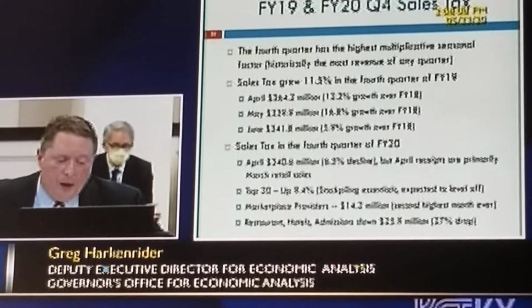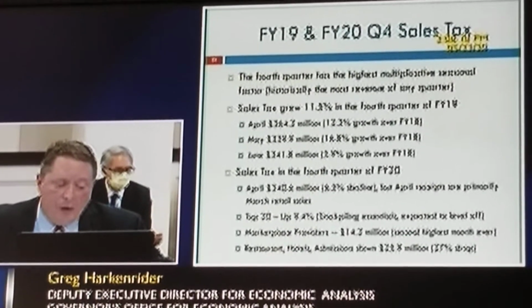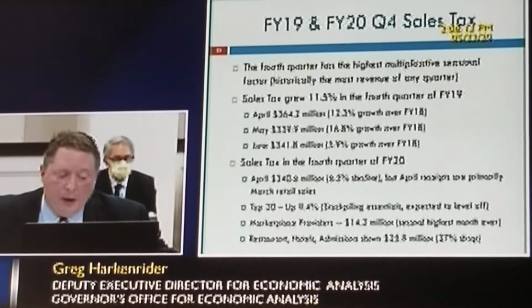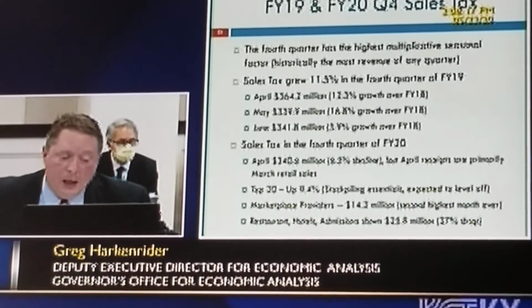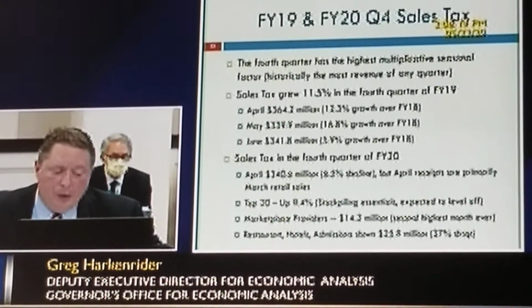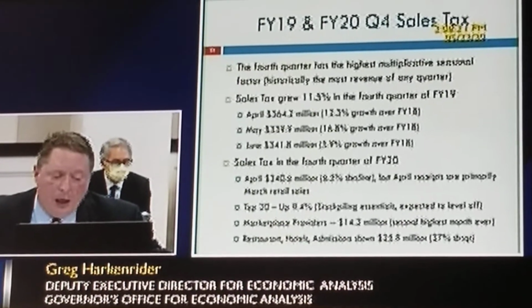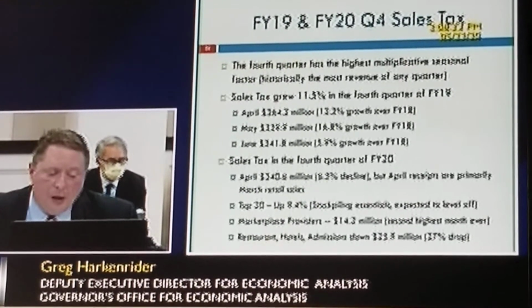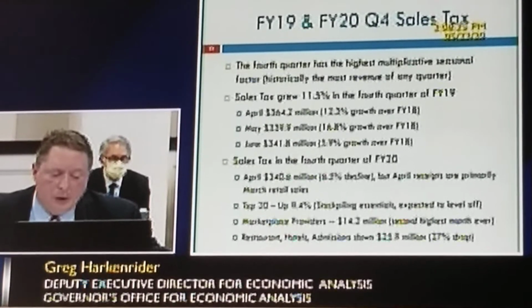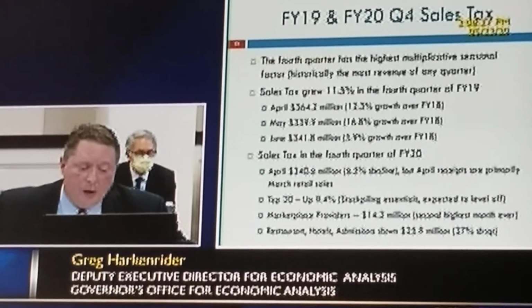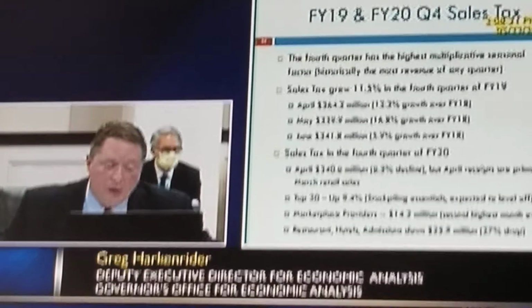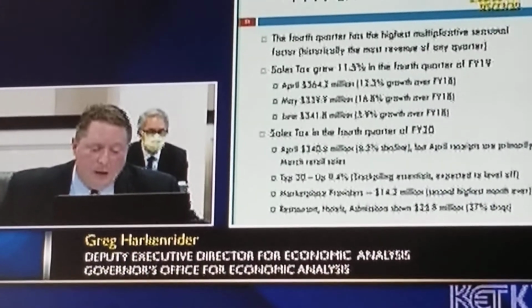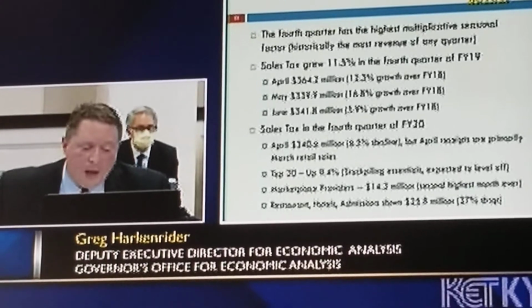In terms of disaggregated data I get from the Department of Revenue, the top 20 sales tax filers were actually up 9.4%. Information from Revenue indicated that some of the top payers were industries or stores associated with stockpiling essentials, and they said to expect that to level off.